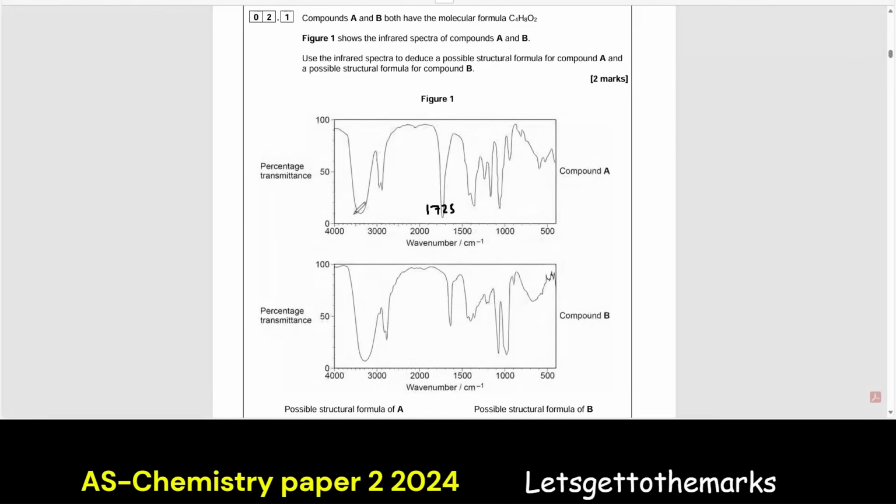That was round about 3400. This told me that this is an alcohol, for alcohols, not acids. So that's the alcohol, and this is that carbonyl bond. So we could have an aldehyde or a ketone here, but not a carboxylic acid. Otherwise, we'd have got a broad peak just before 3000.